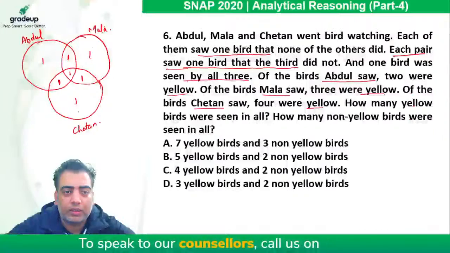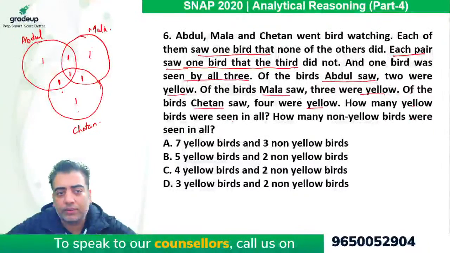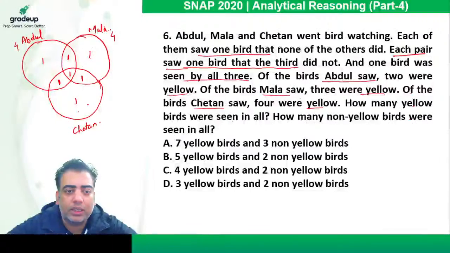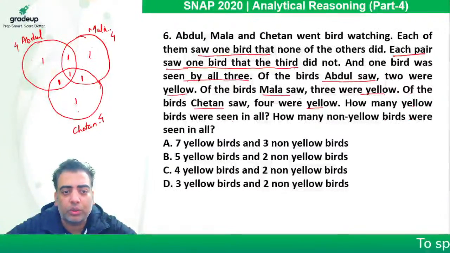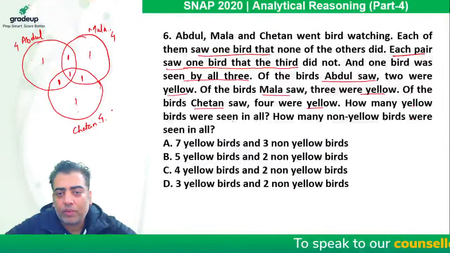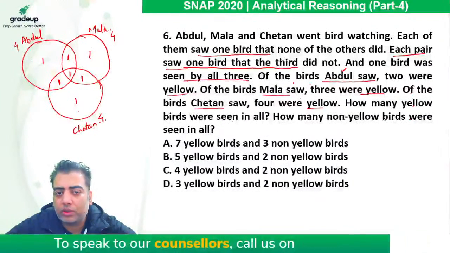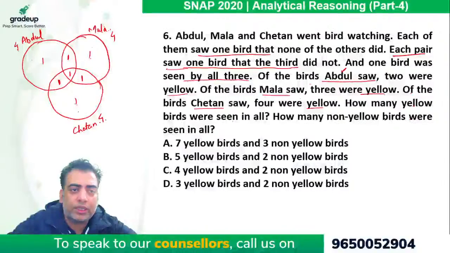So this value comes out to be 1. Now in this case, we can say Abdul has seen a total of 4 birds. Mala has seen a total of 4 birds. Chetan also has seen a total of 4 birds. Of the birds Abdul saw, 2 were yellow. So out of these 4, 2 are yellow.